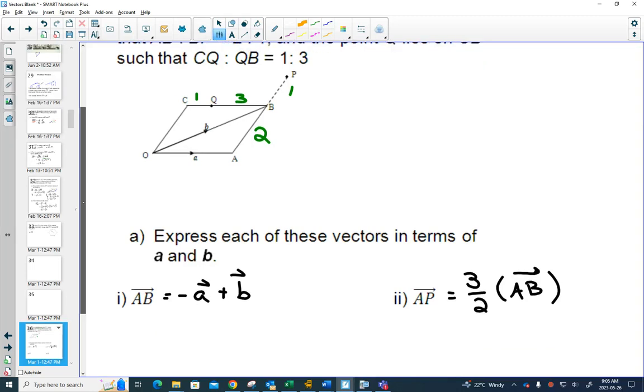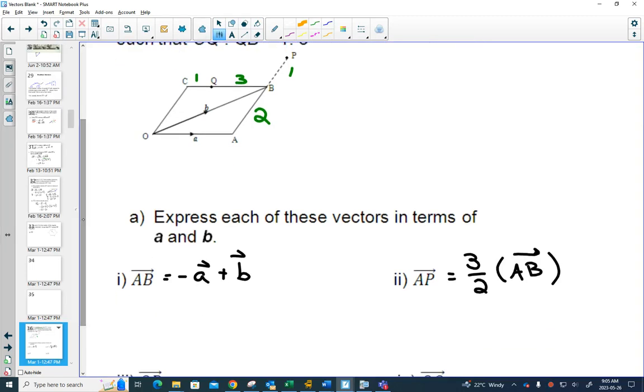For some people, 3 halves is hard on their brain. For some people, they like going from A to B and then going half of A to B again. Does that work better in your brain?